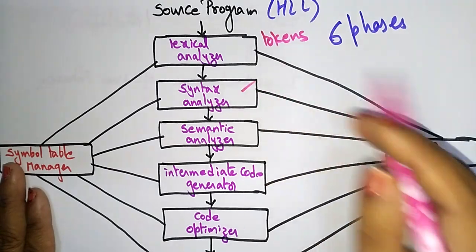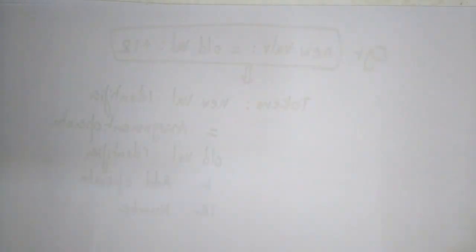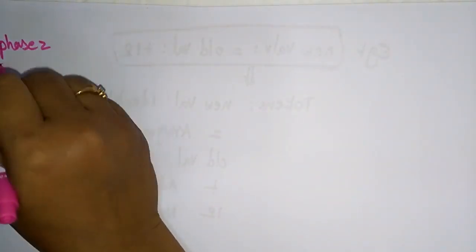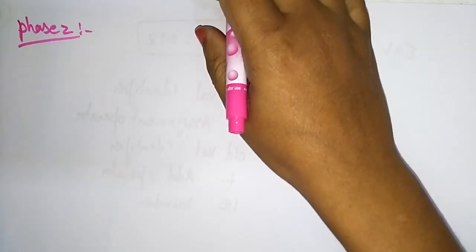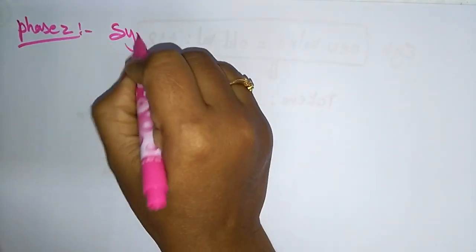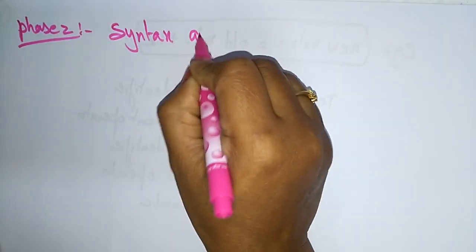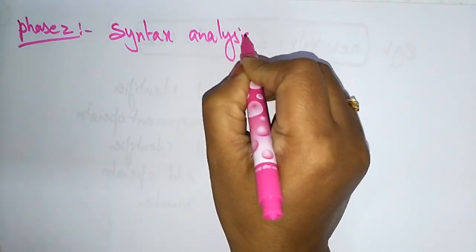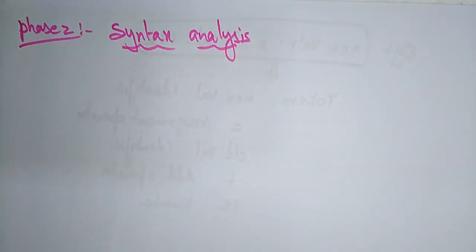Now let's see what is the syntax analyzer. So let me explain you the syntax analyzer. That is phase 2, syntax analysis. So what we are learning in this phase 2?